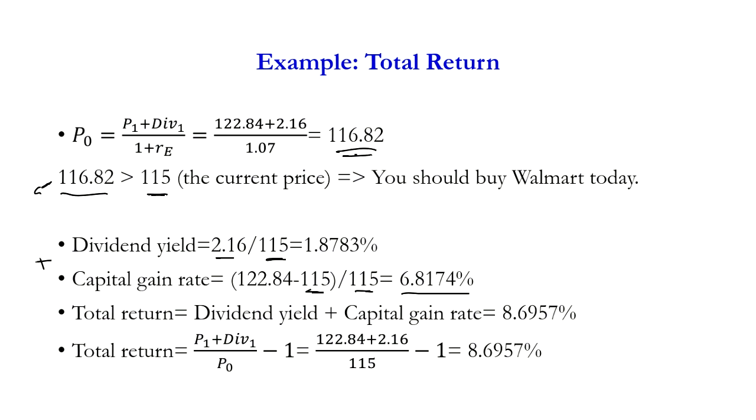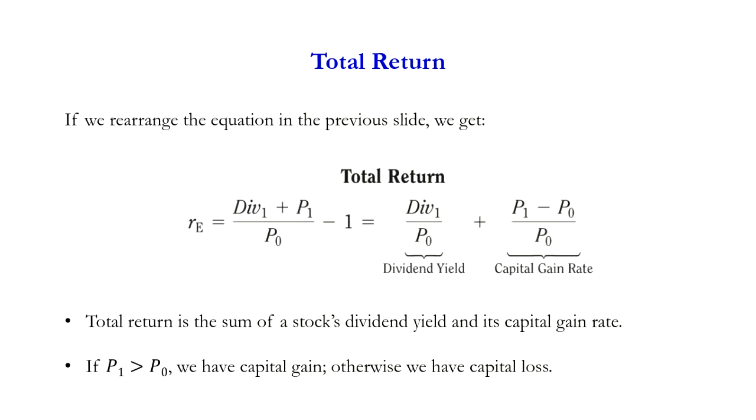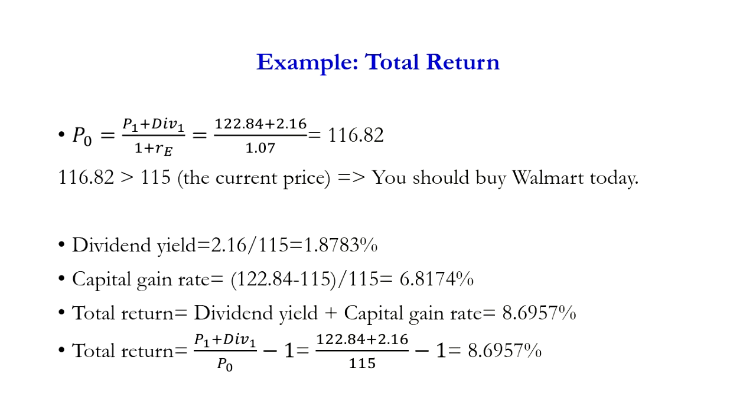The total return equals dividend yield plus capital gain rate. Adding these two numbers, I get a total return of 8.70%. I can also use this part of the equation to double check my answer, and I get the exact same number as above.